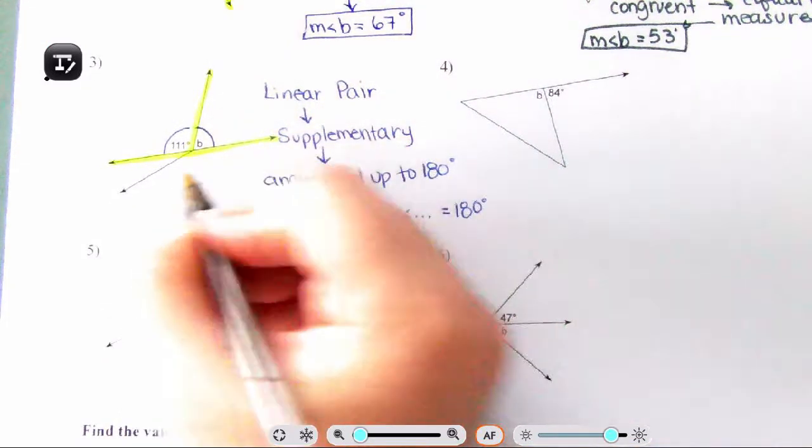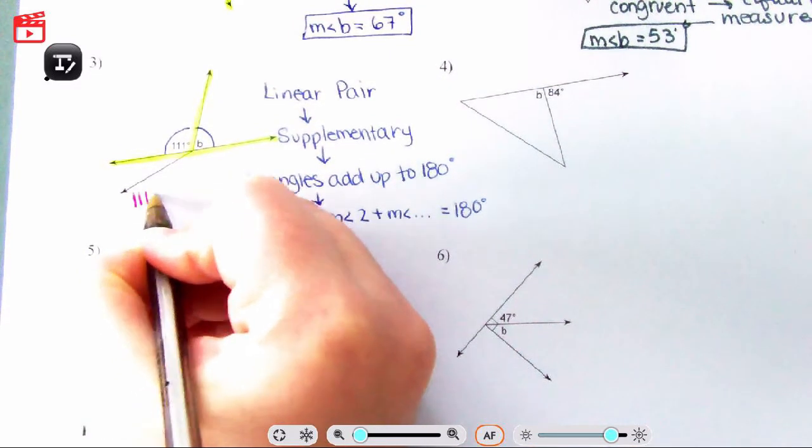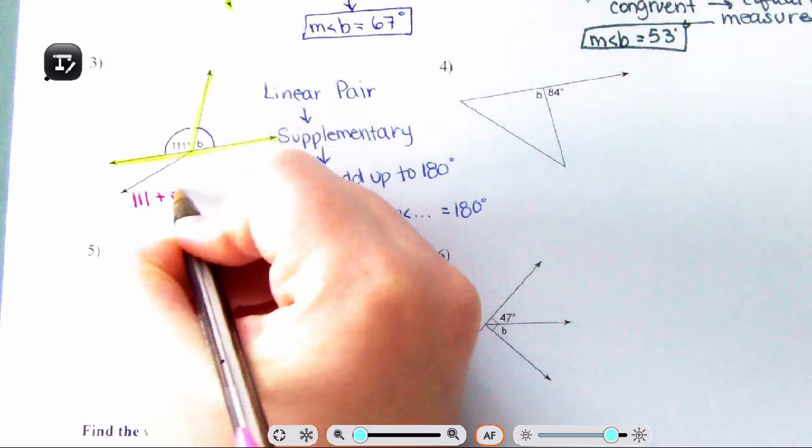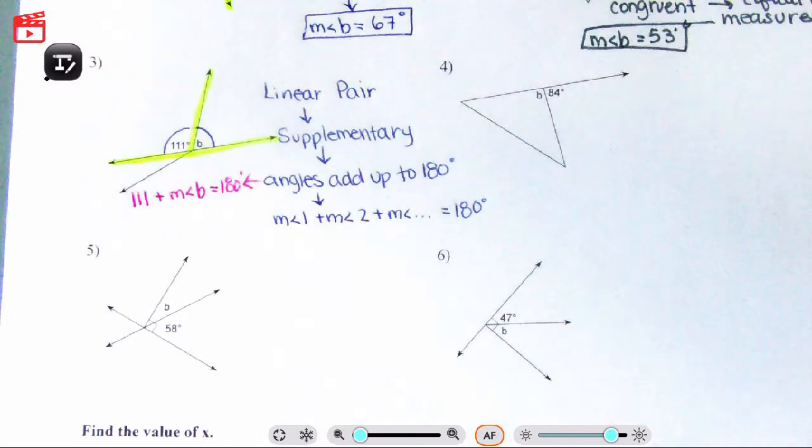In our example, we have 111 plus the measure of angle B equal to 180 degrees. So what do we need to add to 111 in order to get 180?